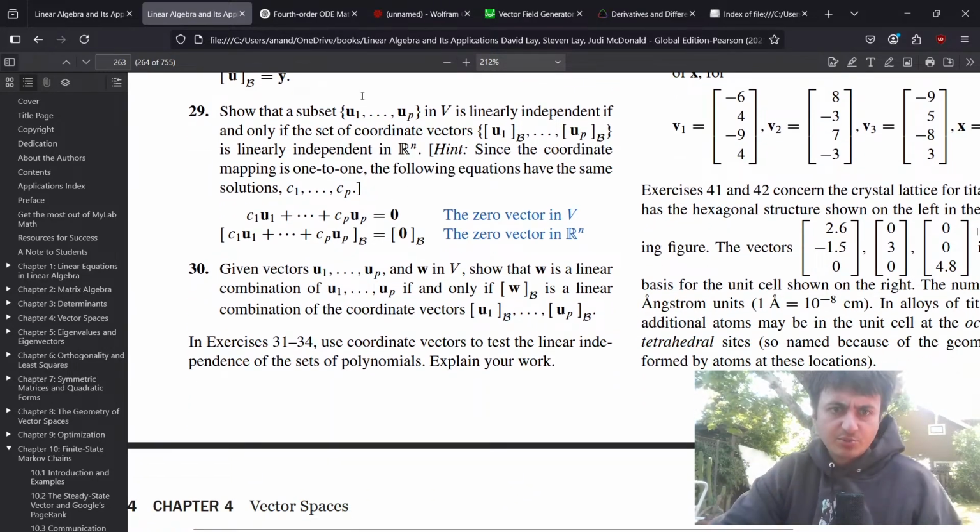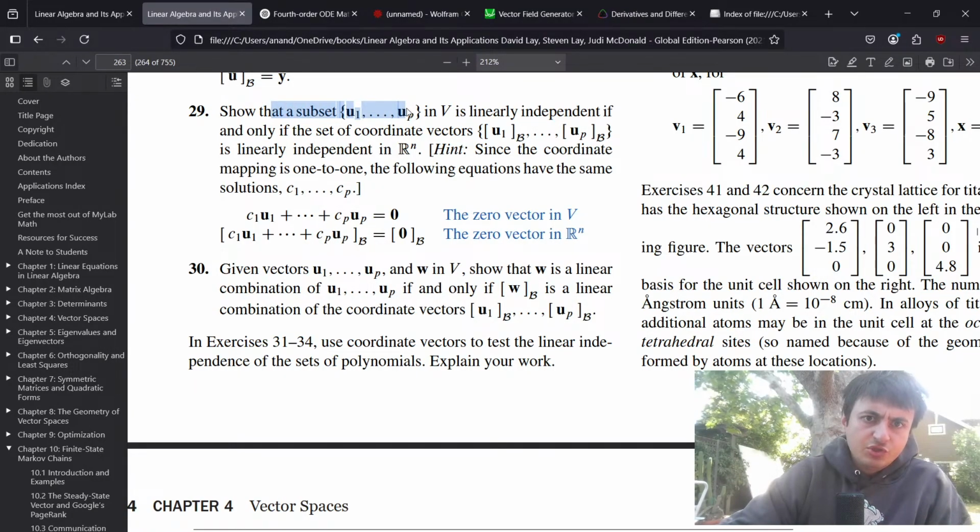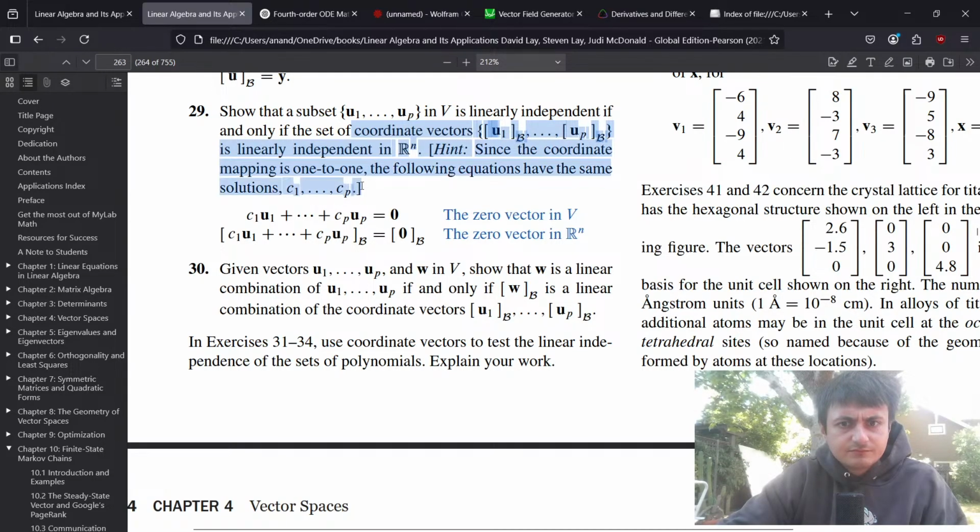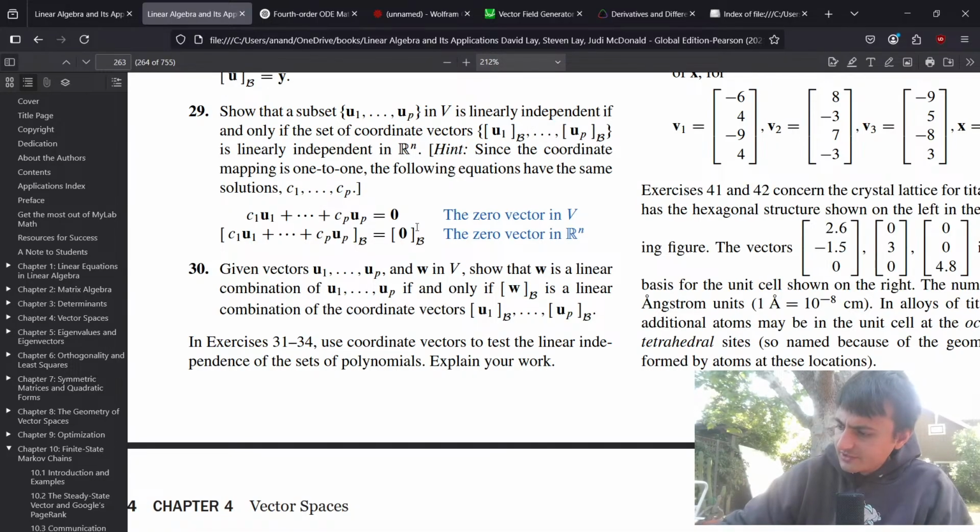Okay, so 29 is show that a subset u1 to up in V is linearly independent if and only if the set of coordinate vectors is linearly independent in R^n. 29 actually seems really good.